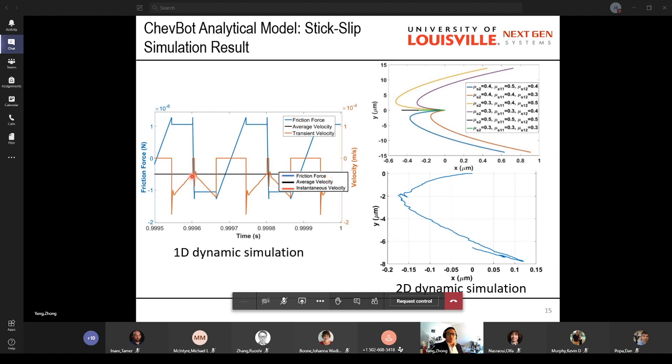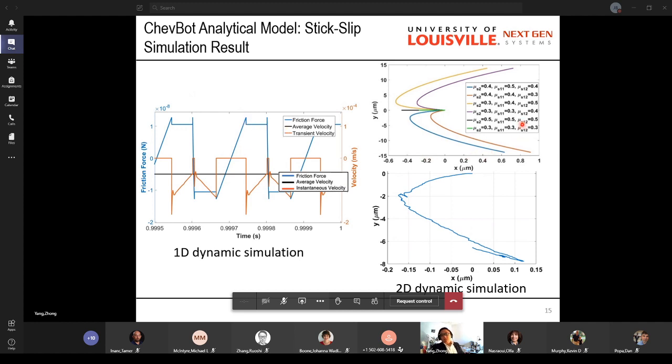Basically, it can move at a constant speed, but the leg and the frame have periodic motions, and the force on the actuators is basically the action force of the friction force. You can see in this part, the friction force is static friction. When it reaches some level, it becomes dynamic friction.